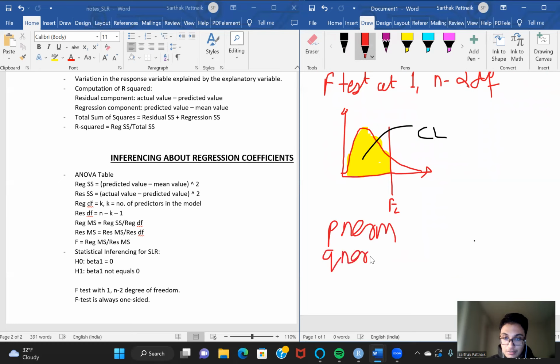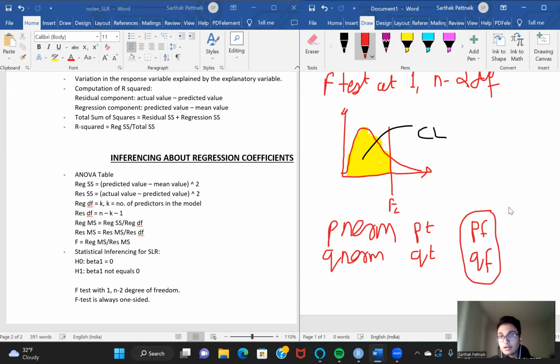This is for Z test, pt, qt. This is for T test. Now for F test, we have pf and we have qf. So these are the functions that you will be using when you will be performing F test to surmise statistical inferencing about regression coefficients.